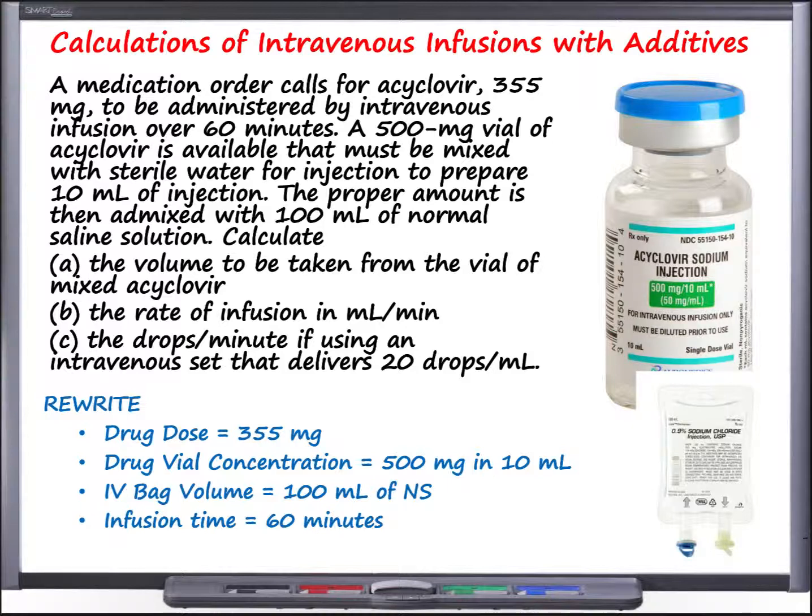Then we're going to take what we want out of the vial and inject it into a bag that already contains 100 milliliters of normal saline, and that would be our final IV product. We then need to label that for the nurse so that the nurse can administer that IV fluid over an infusion time of 60 minutes. So with that information, let's begin answering this question.